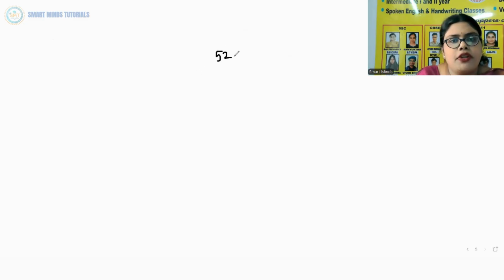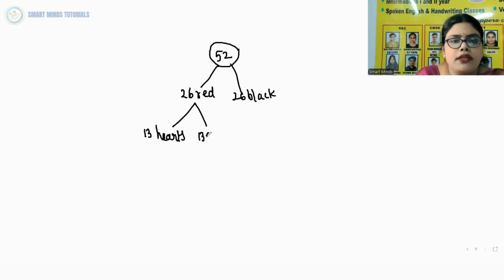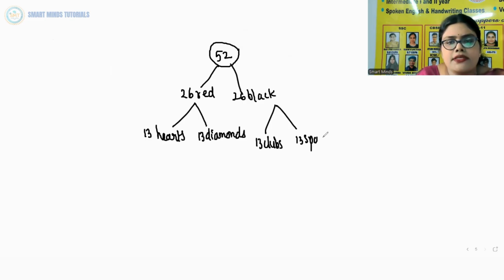There are 52 cards, out of which 26 are red and 26 are black. In the 26 red, you have 13 hearts and 13 diamonds. And in the 26 black, you have 13 clubs and 13 spades.